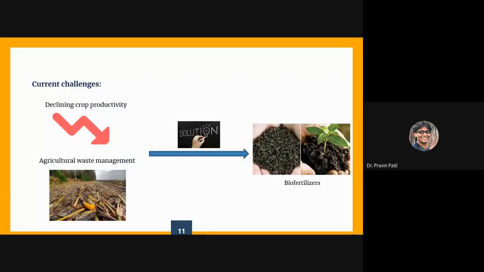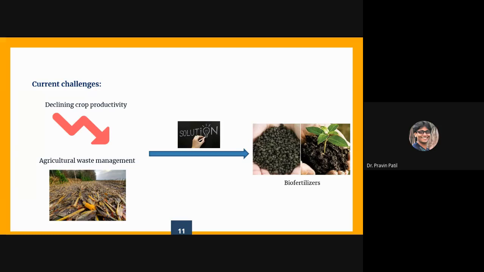So considering these two challenges, whether it is declining crop productivity or agriculture waste management, why not find a solution which can tackle both problems? Biofertilizer is a solution where we can also increase the crop yield by using agricultural waste as a source for this biofertilizer.